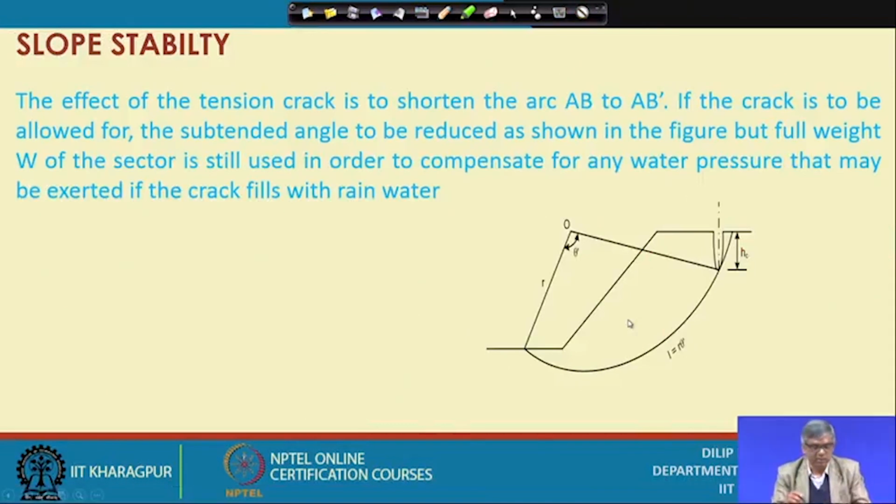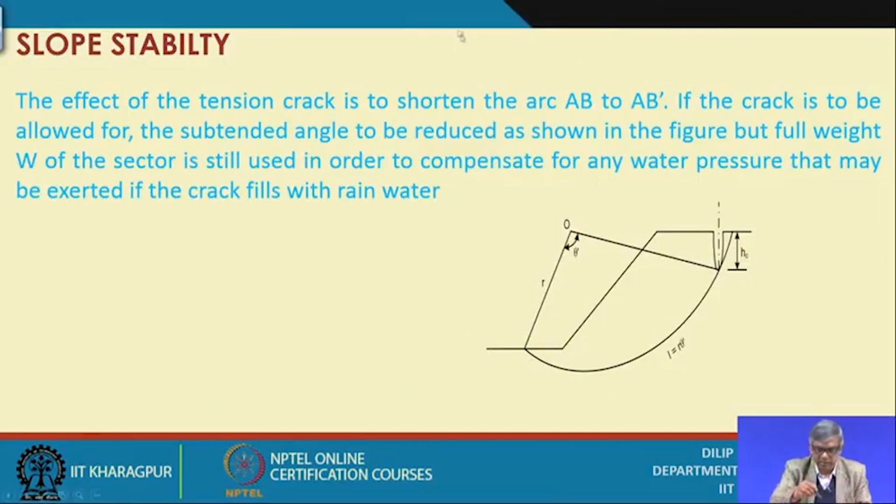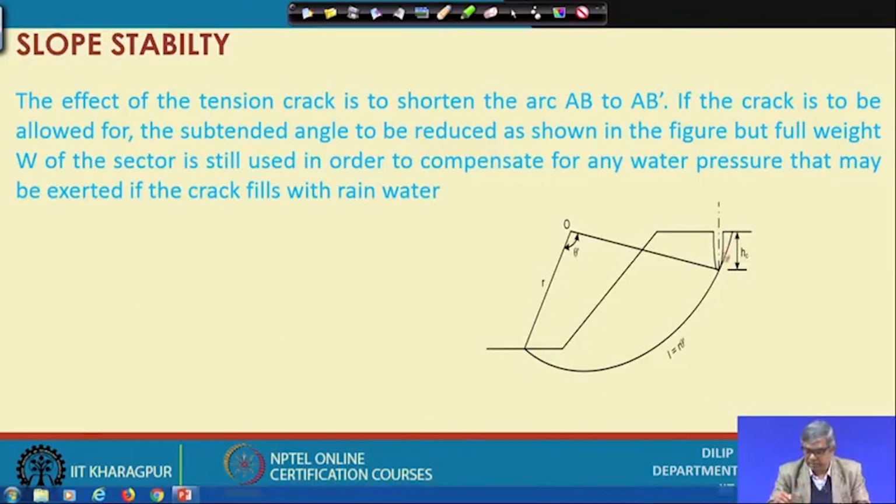You can see here once again the tension crack is shown, and we assumed a failure plane something like this, and it is supposed to go up to this, but because of this tension crack I have to terminate here. Beyond that the slip surface will not have any resistance, because before that it gets separated due to the tension crack. So I have to consider only this.